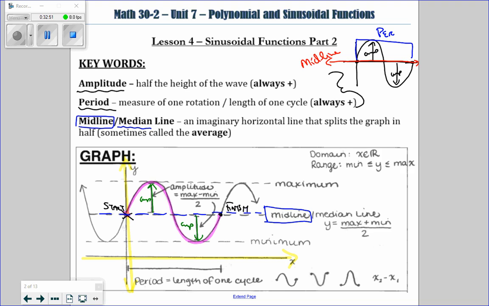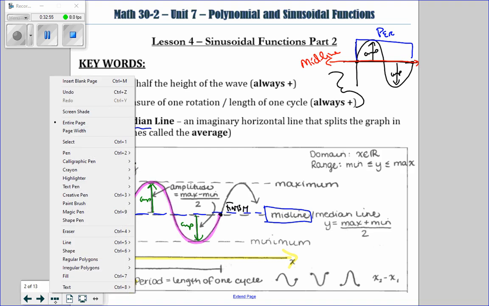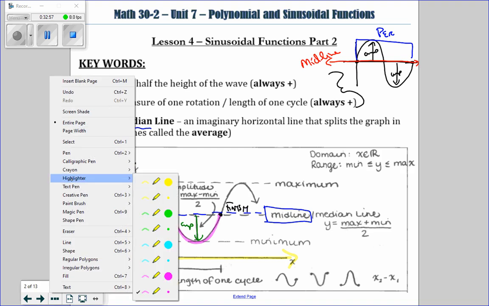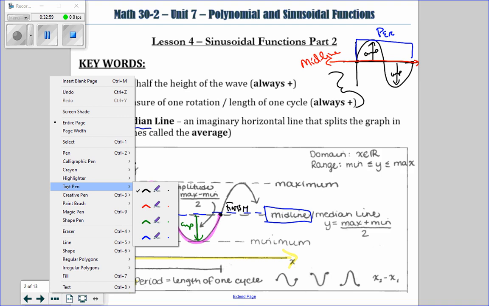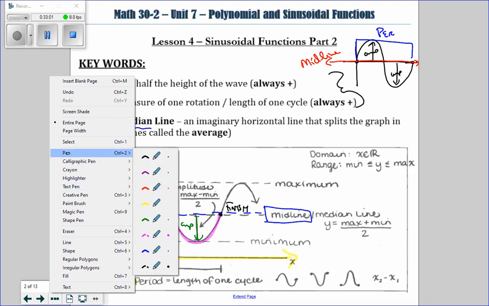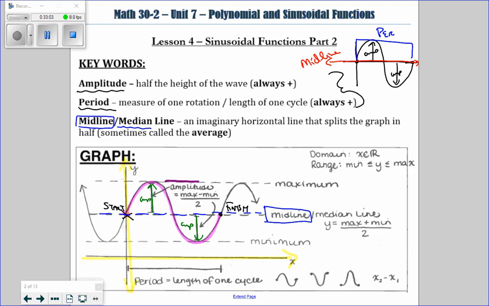Now there are some formulas that you can use for amplitude and midline. I personally do not use them just because I don't. There's a formula for amplitude and there's a formula for midline. I just use my eyes. The midline divides the hill and the valley into even sized chunks.